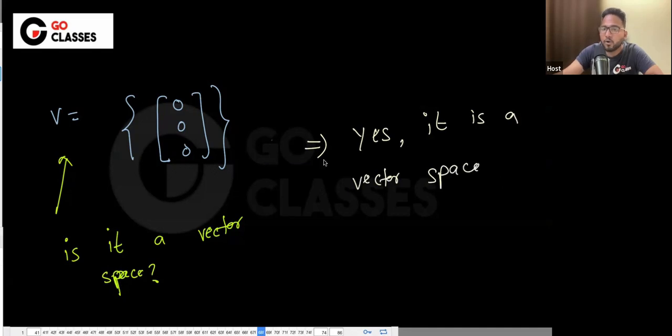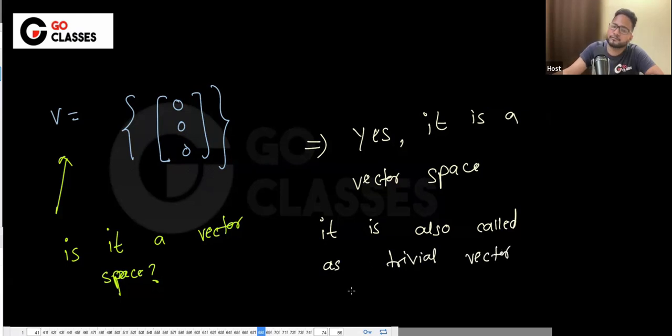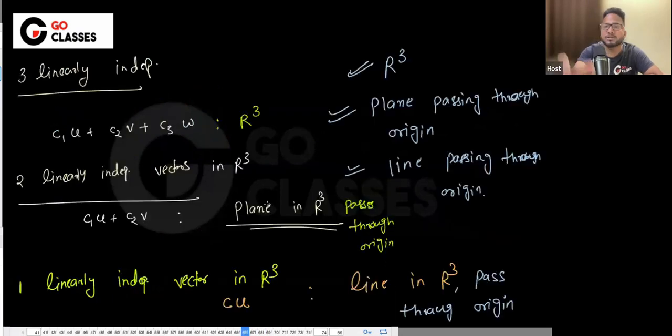It is also called the trivial vector space. We call it trivial vector space also. So basically, R3 is a subspace of R3, because by the definition, if there is some set, then the subset can also contain all the elements, right? So if I talk about the subspaces of R3, then R3 itself is a subspace of R3.